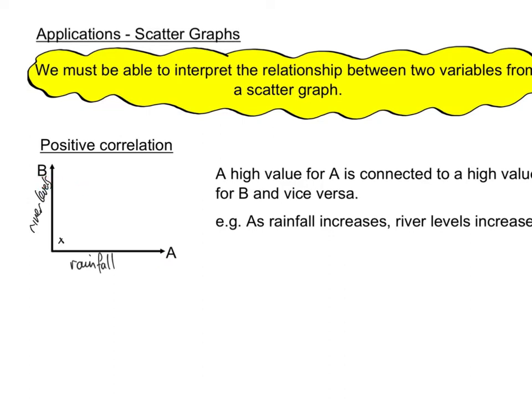So the two of these would meet around about here. So again, I could have that plotted, and what you'd find is they would end up with a pattern like this. When we have values moving in almost a line upwards from left to right, that shows a positive correlation. As the rainfall increases, the river level increases as well.